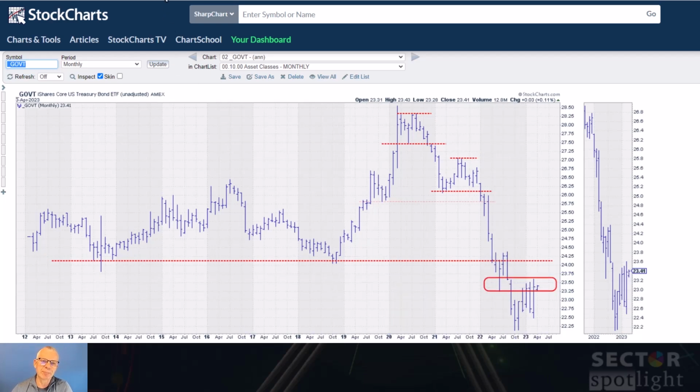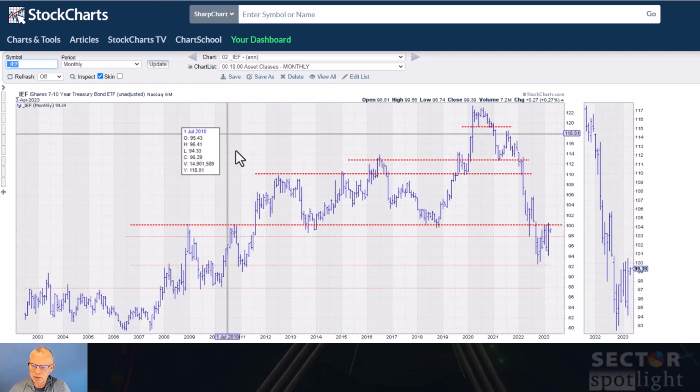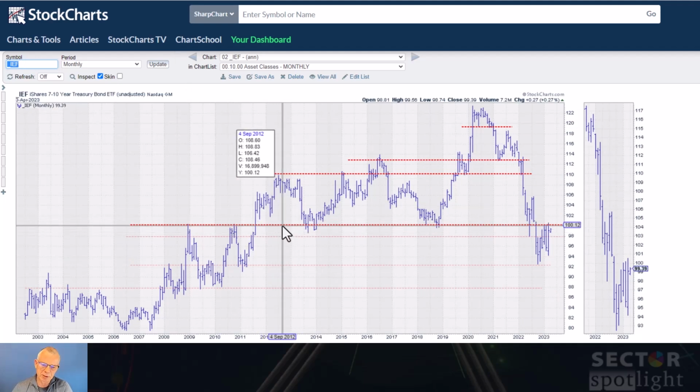And it's a lot better visible when we look at IEF, the 7 to 10 year segment on the yield curve. You can see how important that 100 level was in the past and therefore can be expected to be very important going forward, and actually right now as we speak.